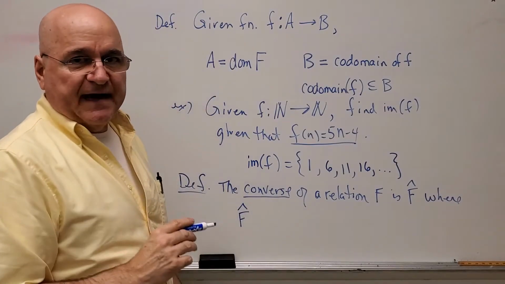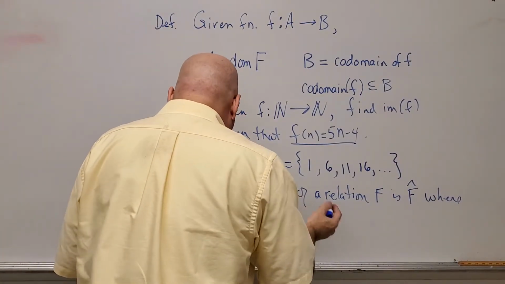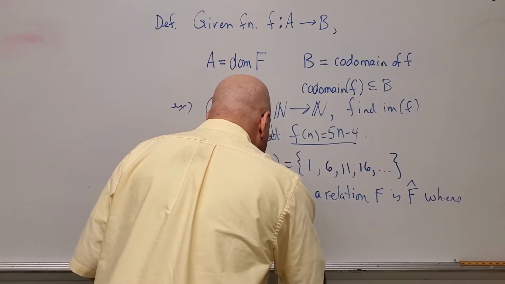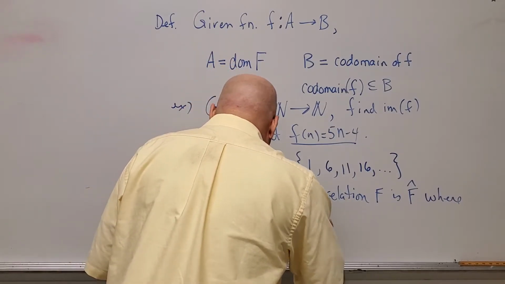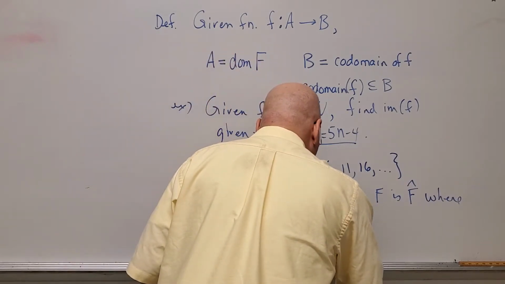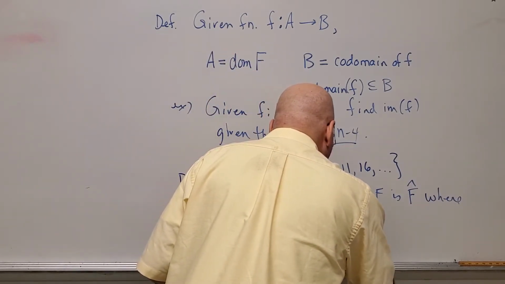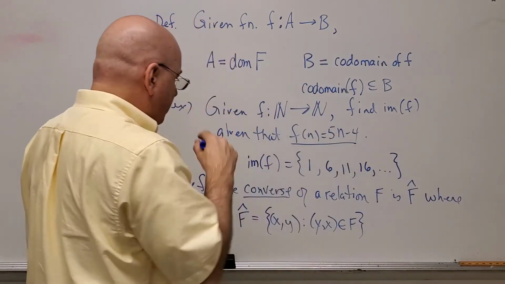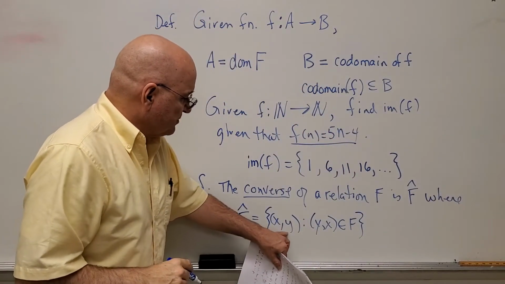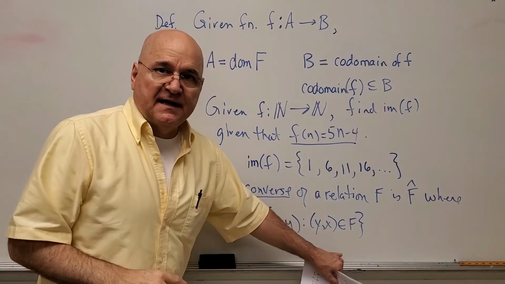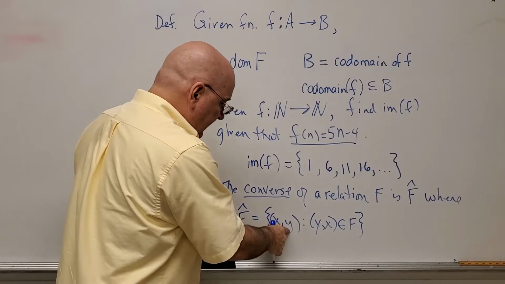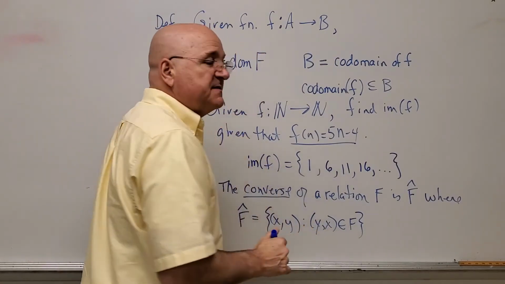the converse of f is equal to a collection of ordered pairs (x, y) such that it's all the ordered pairs (x, y) where (y, x) is in f. Now these x and y are dummy variables. I could have said (y, x) such that (x, y) is in f.